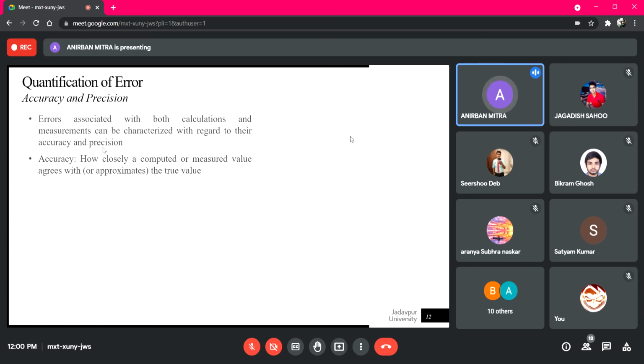You have some parameter, let's say a length, you have measured it with some instrument, say a vernier scale. So you can either have a computed value from a numerical analysis, which is our focus at the moment, but also this is relevant for measurements as well. So we will take both of them together.